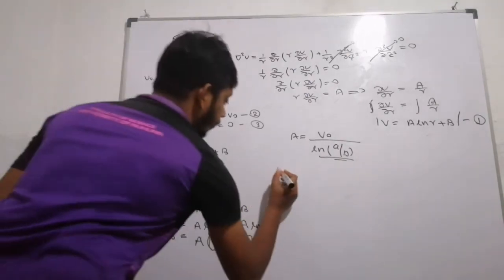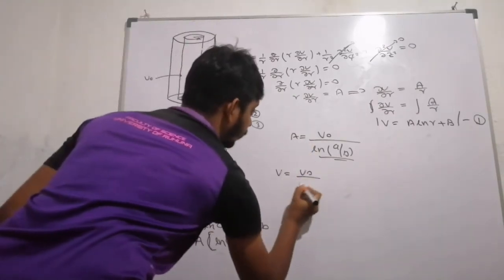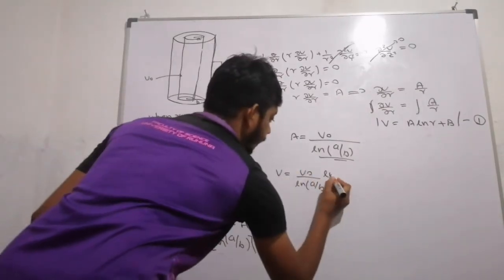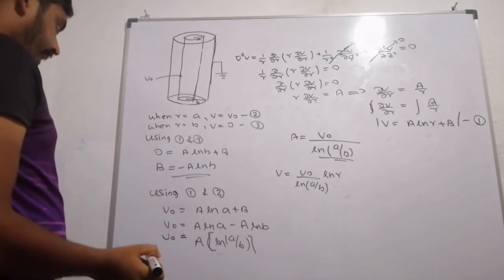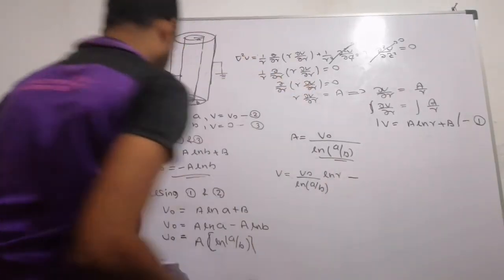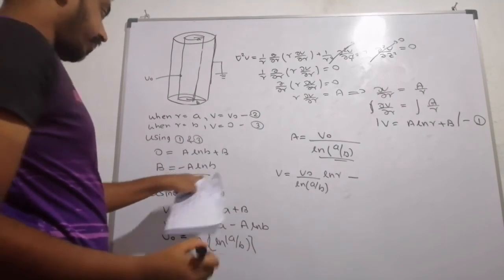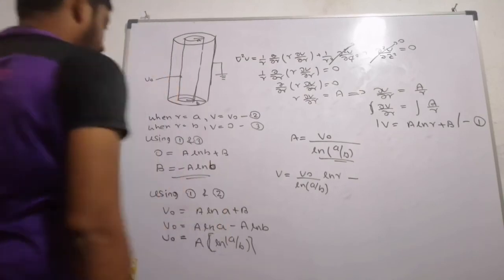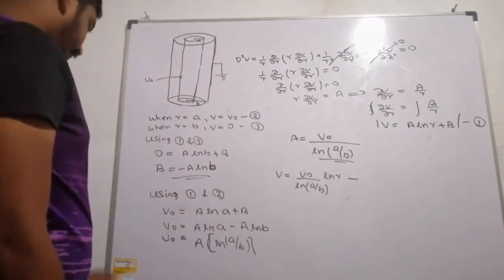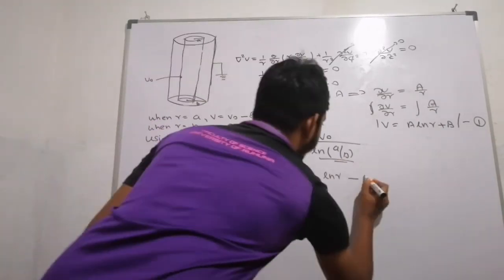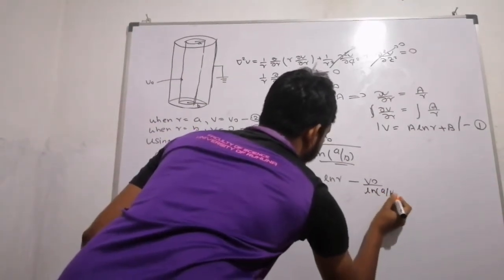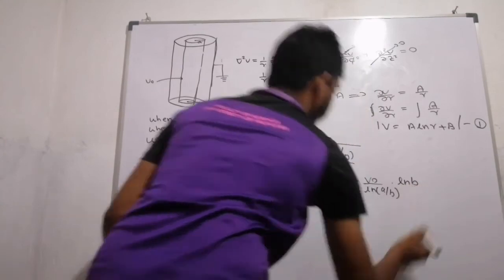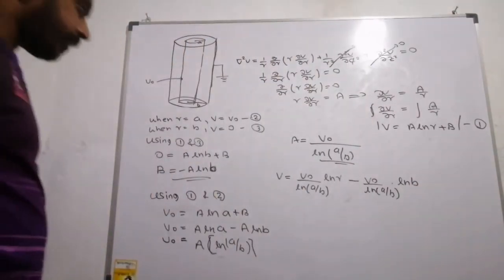So I can write down V as V naught over ln A over B times ln R, and minus A times ln B. That means V naught over ln A over B times ln B. Okay, let me simplify this.